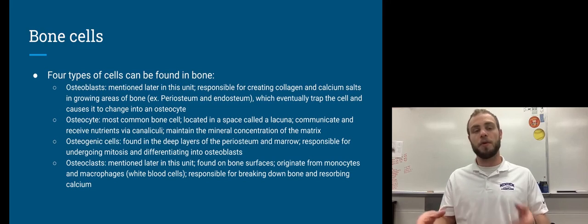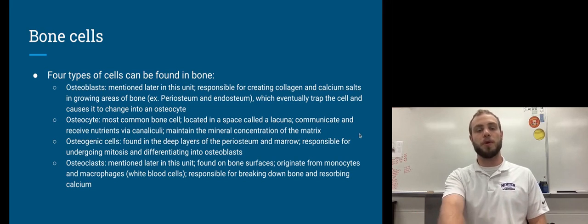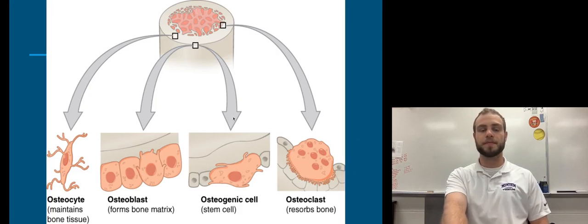Osteoblast building bone, osteoclast resorbing bone. So you can see a picture of where and what those might look like here. Your osteocytes maintaining that mineral concentration, the osteoblast building bone, osteogenic cells undergoing mitosis, and your osteoclast resorbing bone.